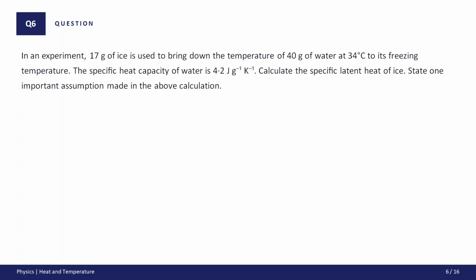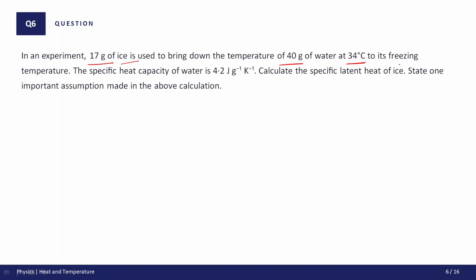What is given in the question first? He said the mass of ice is 17 grams. It is in the ice state, solid state. 40 gram of water at 34 degrees Celsius.